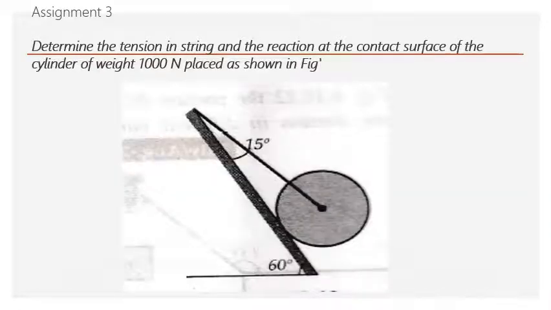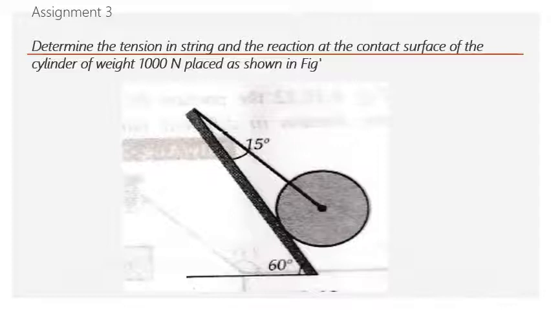So here is the next assignment. Determine the tension in the string and the reaction at the contact surface of the cylinder of weight 1000 Newton placed as shown in the figure.